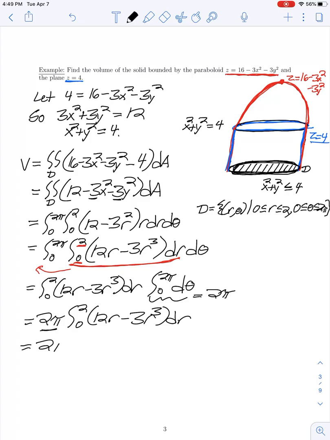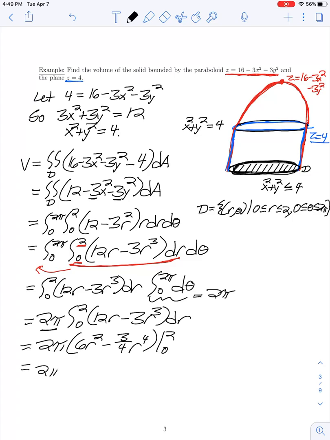We have our constant 2 pi times the antiderivative of this function, which would be 6r squared minus 3/4 r to the 4th, evaluated from 0 to 2.